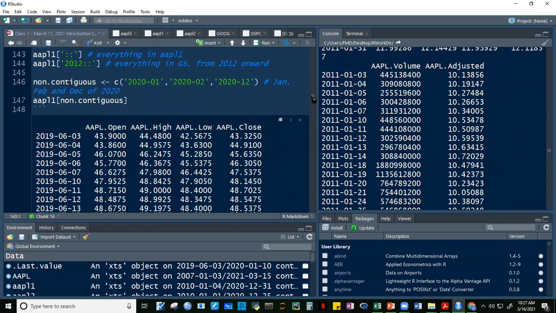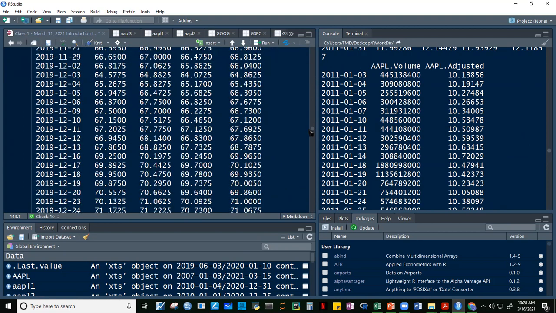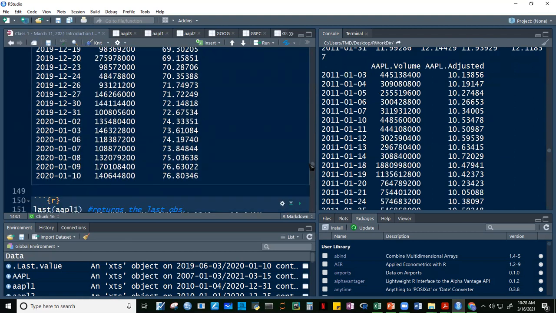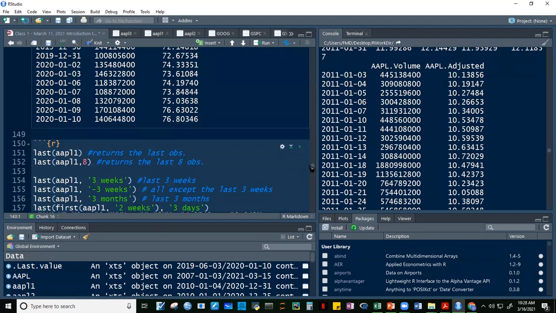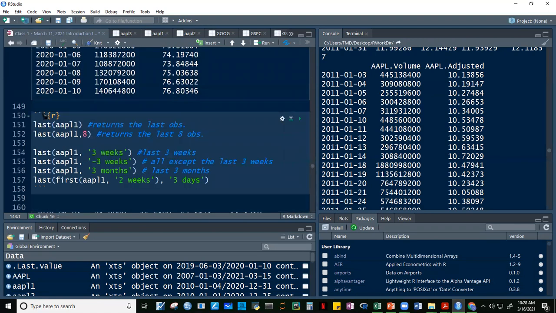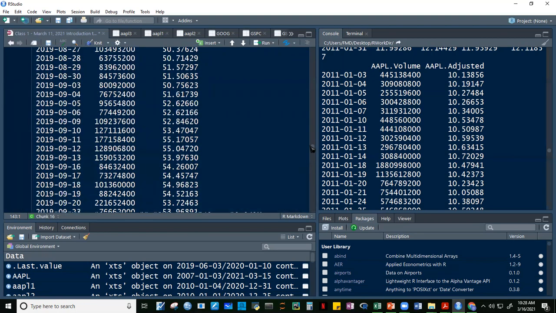It's hard there. Okay, June 2019. Until, it won't show everything, until January 10, 2020.